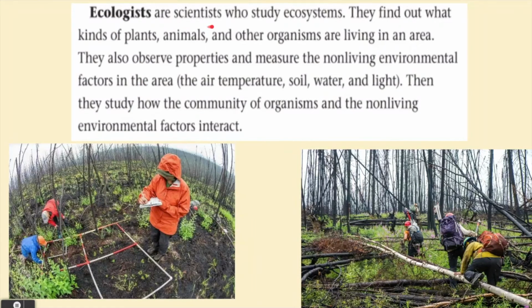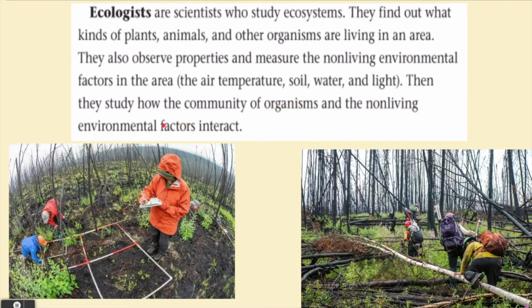Ecologists are scientists who study ecosystems. They find out what kinds of plants, animals, and other organisms are living in an area. They also observe properties and measure the non-living environmental factors in the area, like the air temperature, soil, water, and the light.